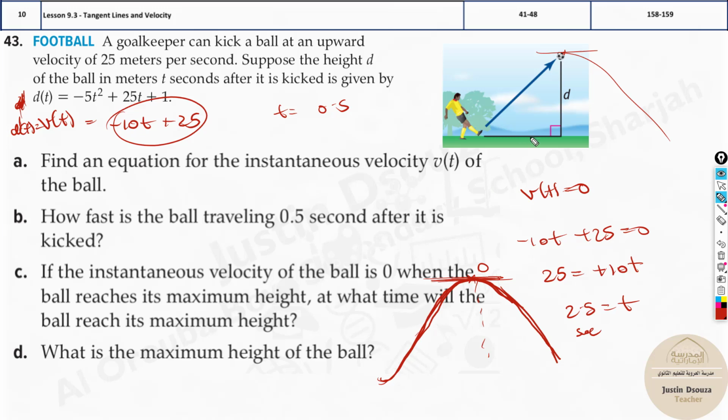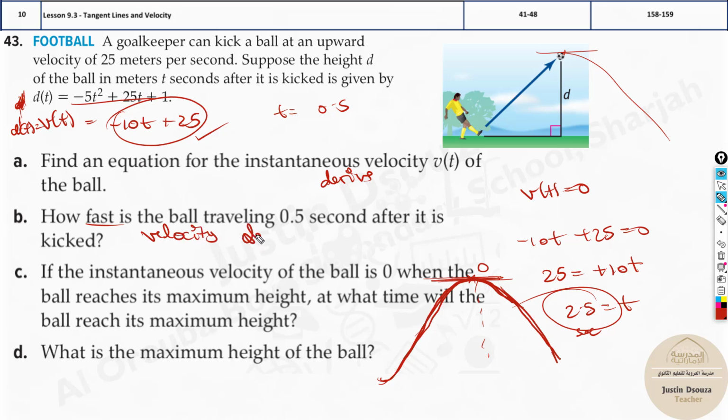What is the maximum height of the ball? This distance, what is it? For that, you have to just put this 2.5 over here in the given equation. Now I know this is confusing. Let me just go from the beginning. The velocity means it's always the derived equation, derivation, okay? Derive. How fast is the ball? Fast, speed, velocity, derived equation.